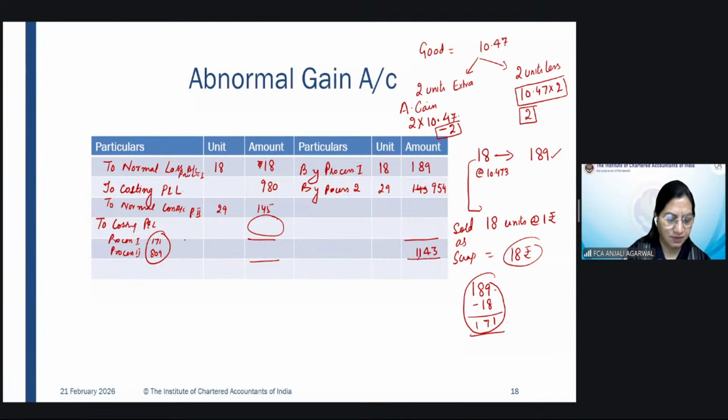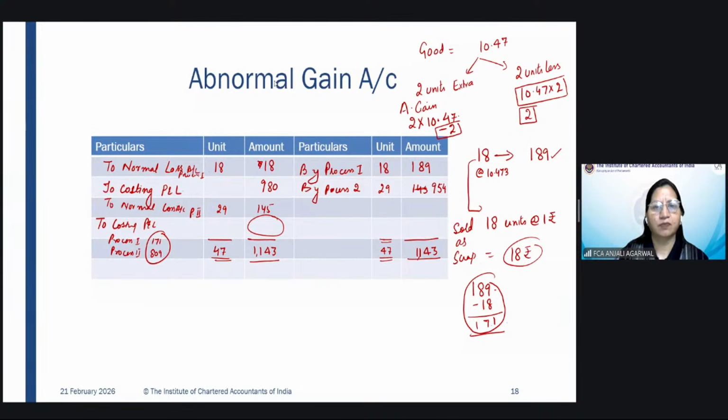And on the debit side also 18 plus 980 plus 145. So if there is no calculation error, it is again 1143. Then 29 and 18, 47 units. So with the whole thing in this one abnormal account, this 47 doesn't make any sense.